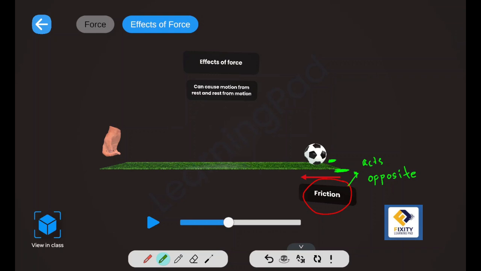So anything which is moving will eventually come to a rest position because of frictional force. Frictional force opposes motion, right students?